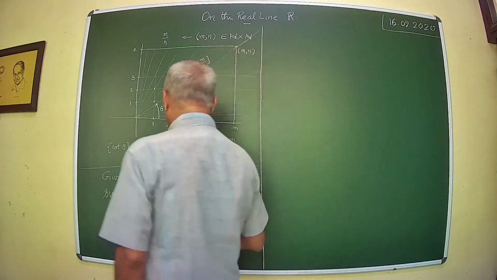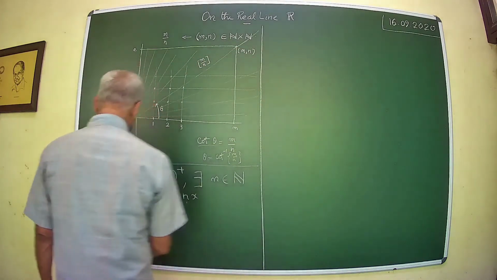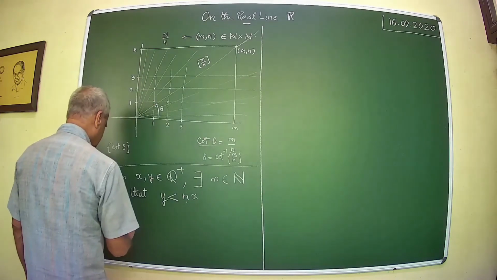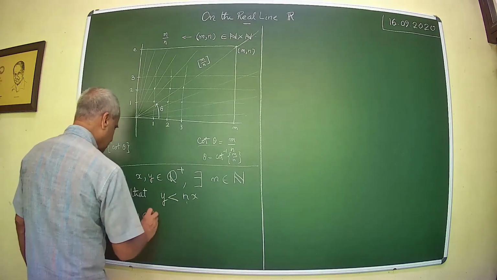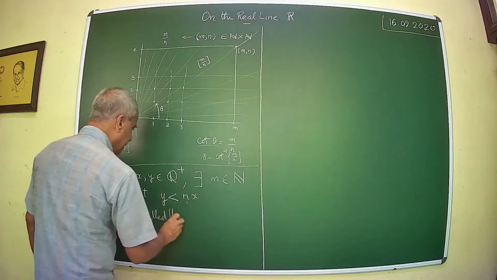This property is called the Archimedean property.